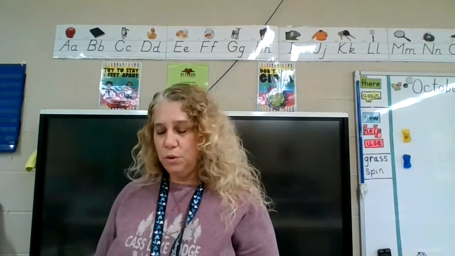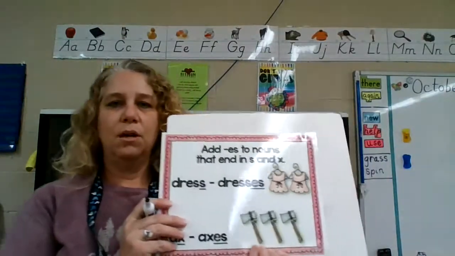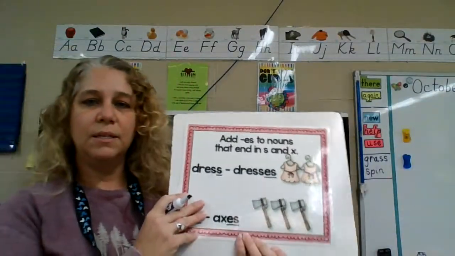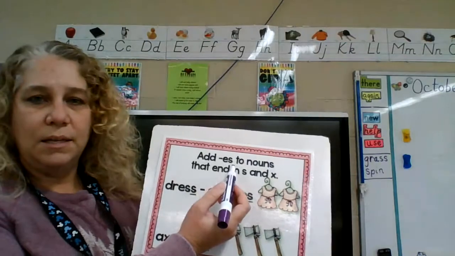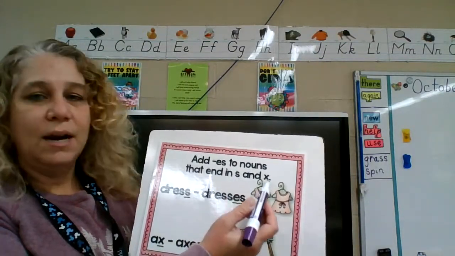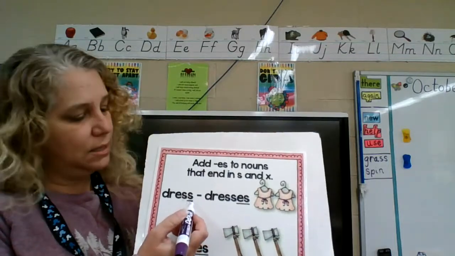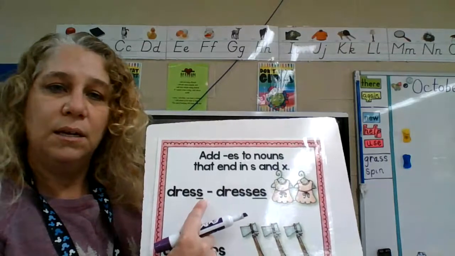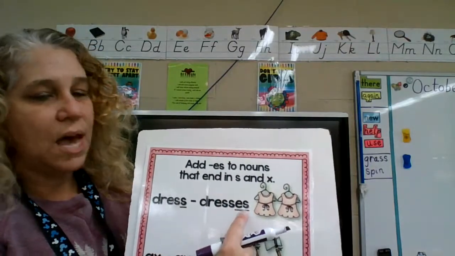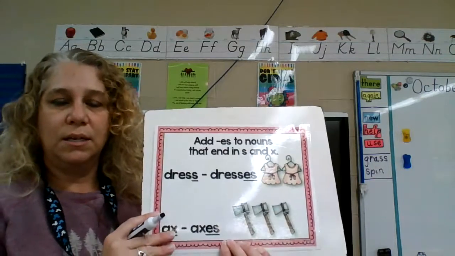So I'm going to show you something. This little poster says, add ES to nouns that end in S and X. So like dress ends with the double S, but it ends with that S. So then you have to say dresses. You have to put the ES. There's two dresses.